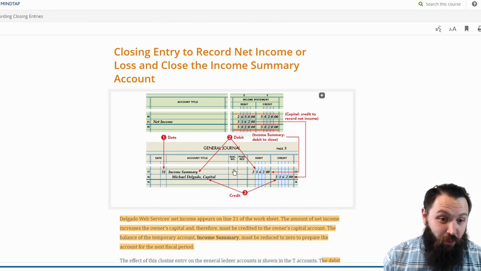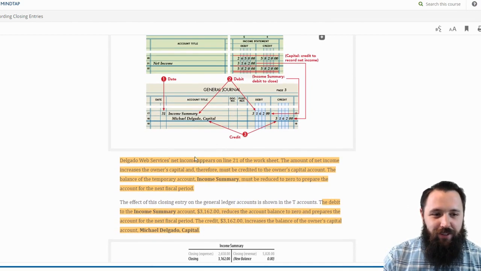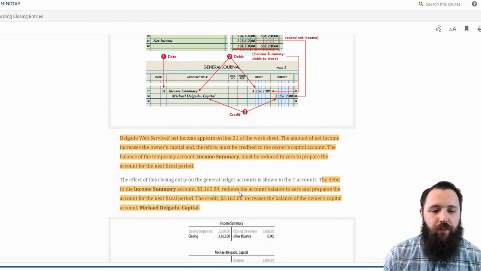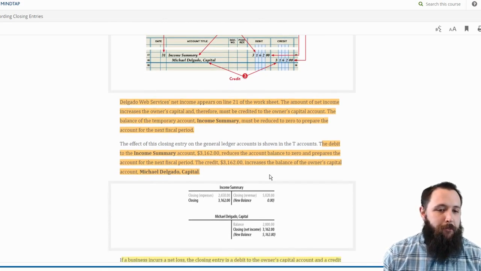So when I look at this, it can get a little bit confusing here, but it says Delgado Web Services net income appears on line 21 of the worksheet. The amount of net income increases the owner's capital and therefore must be credited to the owner's capital account. So the balance of the temporary account income summary must be reduced to zero to prepare the account for the next fiscal period.